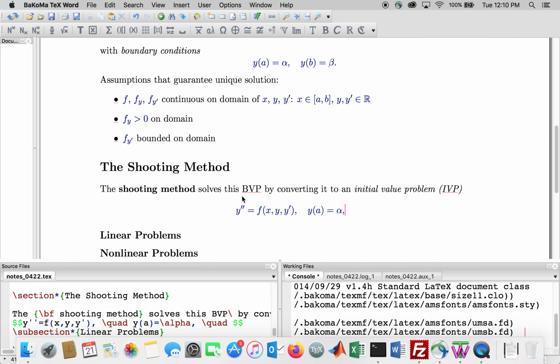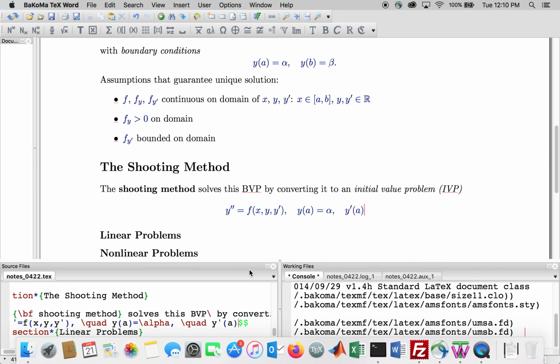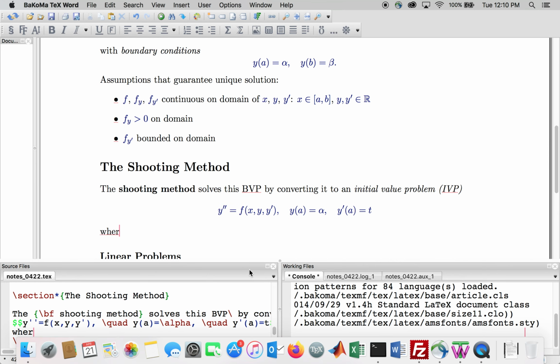But instead of specifying a value at the endpoint, y equals beta, we're going to specify a second initial condition, y prime at a is equal to t, where t is an unknown value.